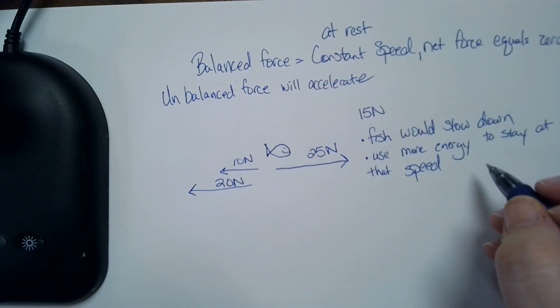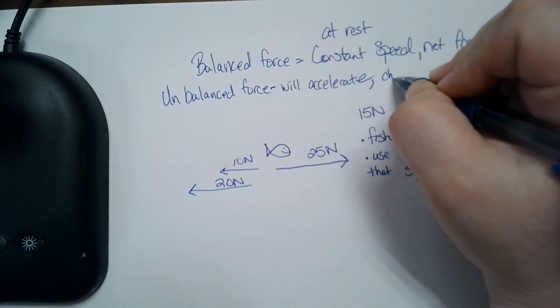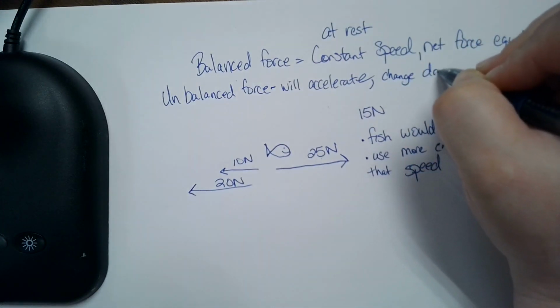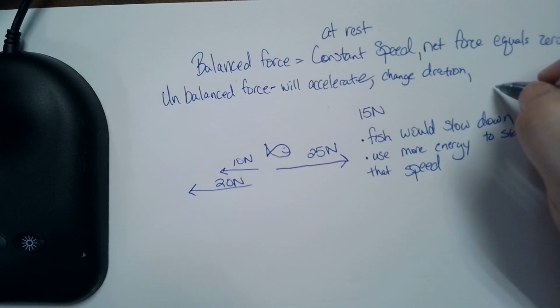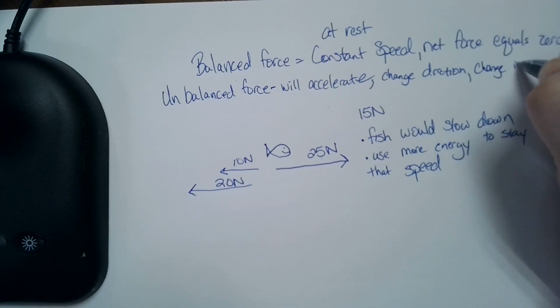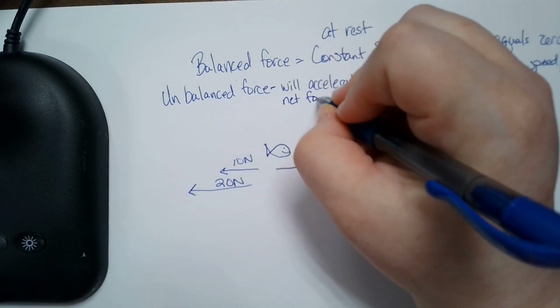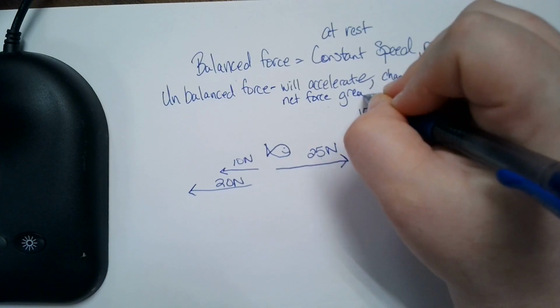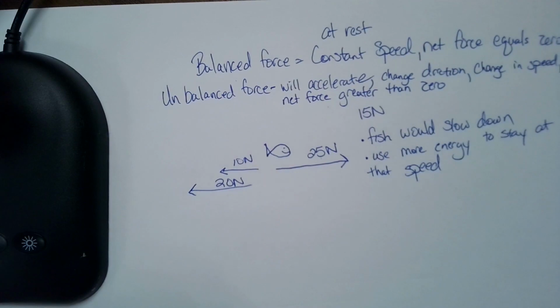Whereas with an unbalanced force, it's going to accelerate, or it could change direction, or there could be a change in speed, and the object's net force will be greater than 0. Okay, those are all to do with balanced and unbalanced forces.